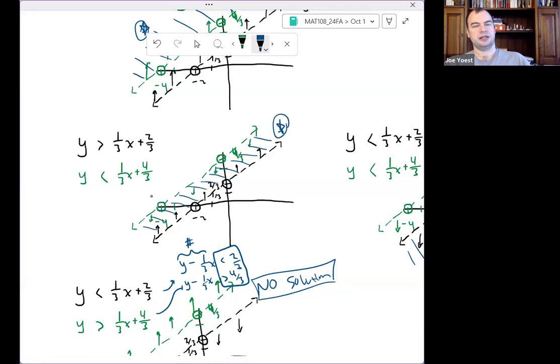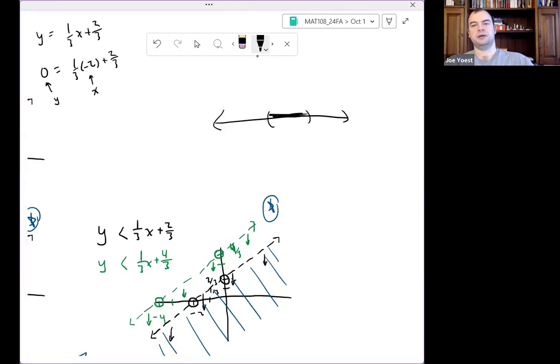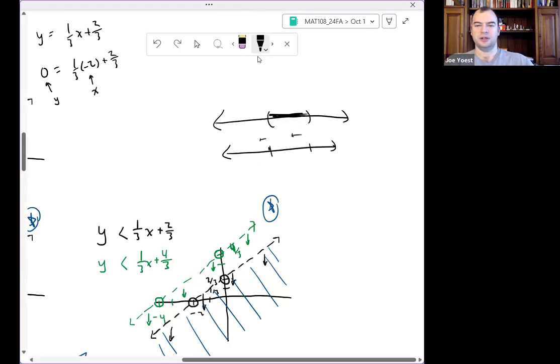So this feels a lot like a one-dimensional case, like a one-dimensional inequality, where I might have a solution set that looks like an area between 2 numbers. If I have 2 points of interest and I want to be to the left of both of them, I could have a solution set that looks like this.